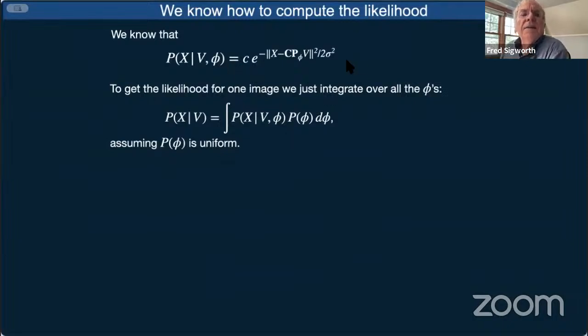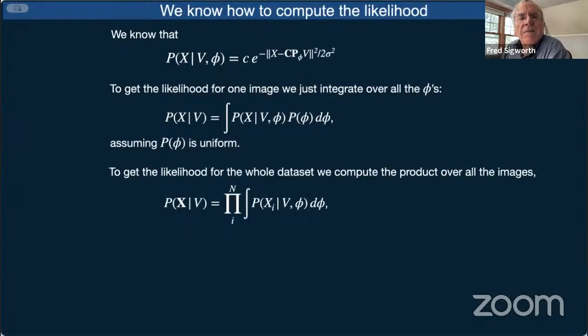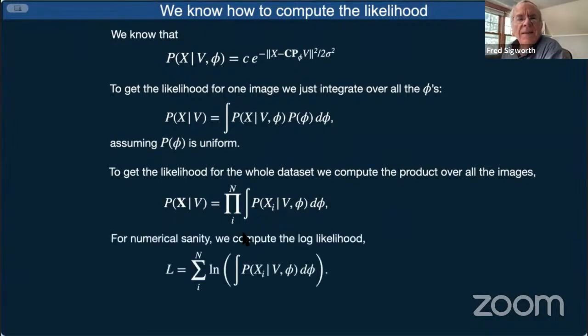So we start off knowing P of X given V and the projection angle. We're going to integrate it out. And then, because the noise in each individual particle image is independent, we can just multiply all of the probabilities together. And it turns out for numerical sanity, because this is multiplying lots of tiny, tiny numbers, we actually compute the log likelihood, where we just take the log of that.